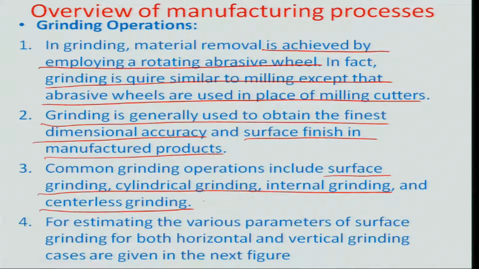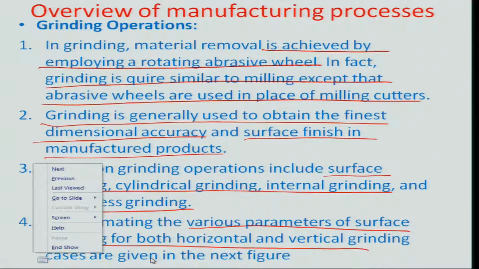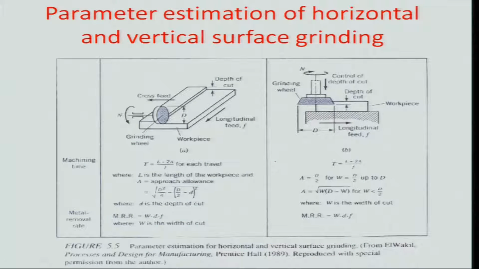So the various parameters of surface grinding for both horizontal and vertical grinding cases are shown here in this particular figure. This is the horizontal case, which talks about the machining time or the material removal rate in terms of the various parameters related to how the grinding wheel is positioned with respect to the workpiece surface.